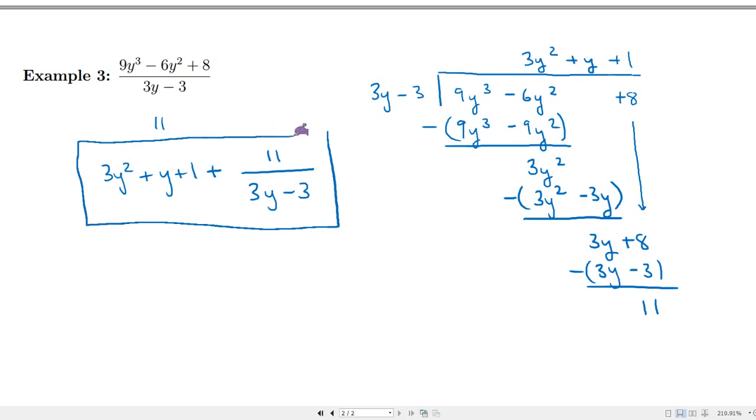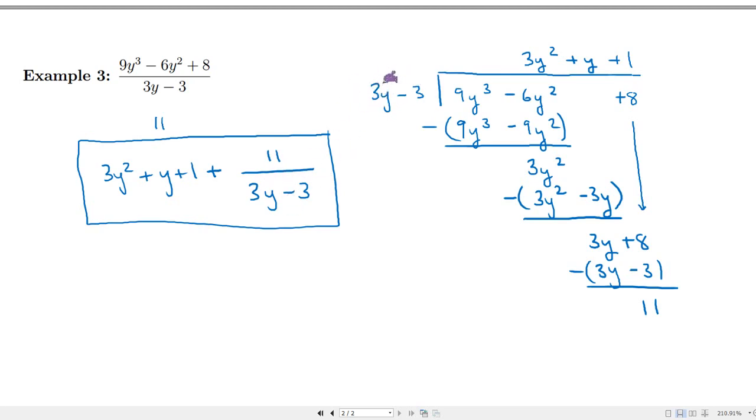Okay, so when you do this long division process, you're always going to get a polynomial as the answer, and then you'll get a remainder term. The remainder could possibly be 0, but whatever remainder we get in the end, the degree of the remainder will have to be less than the degree of what you're dividing by.